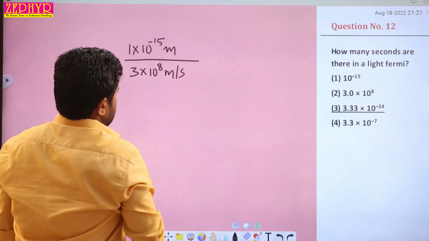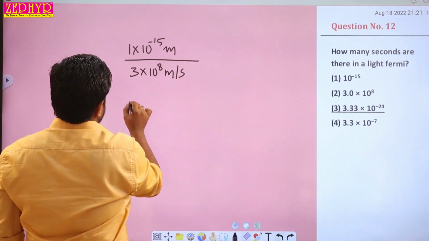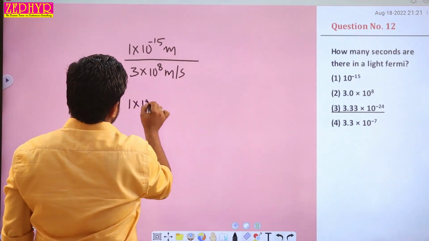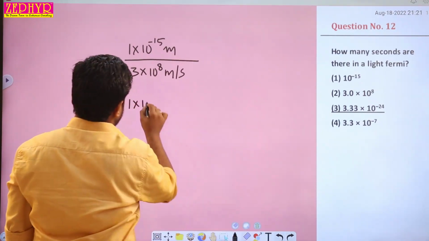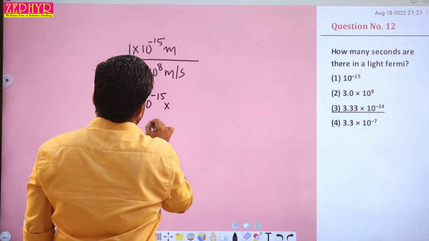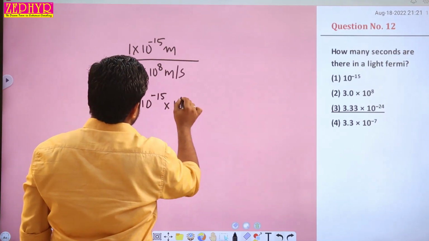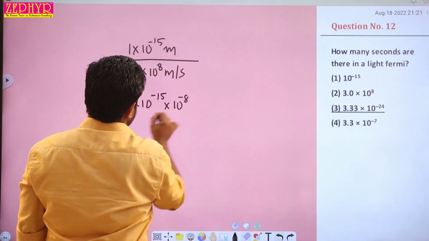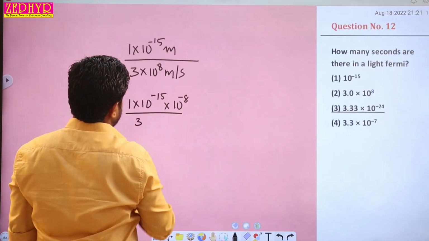So now it is equal to 1 into 10 raised to minus 15 into 10 raised to minus 8, all divided by 3.